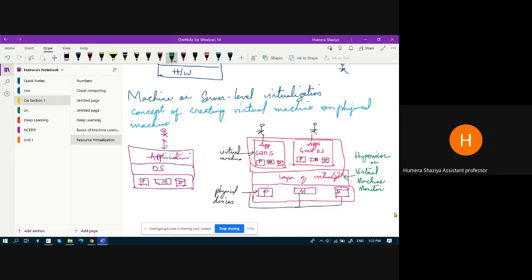Do you understand? Please remember this terminology. The layer of virtualization is also known as hypervisor or virtual machine monitor, VMM.